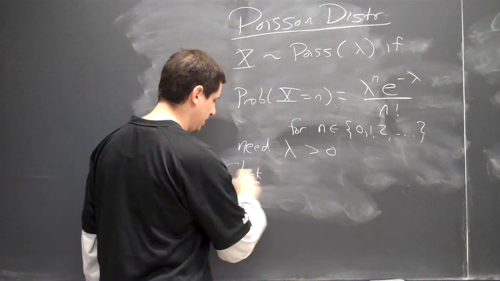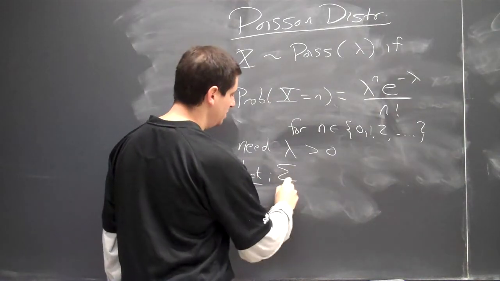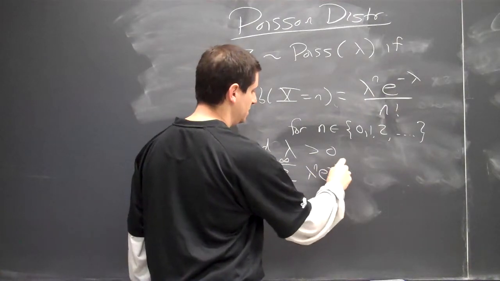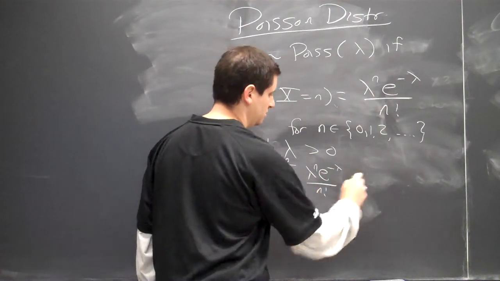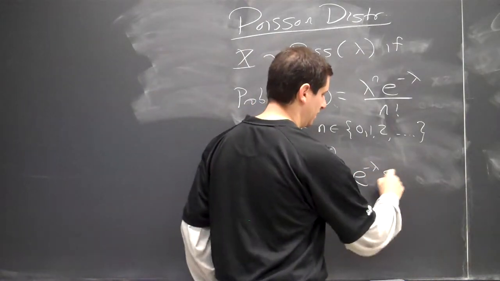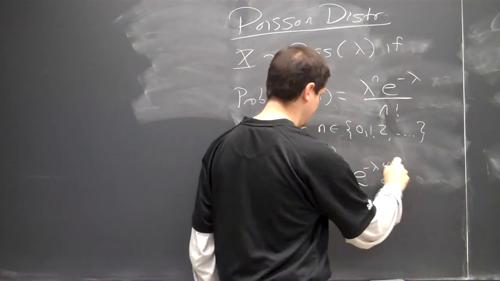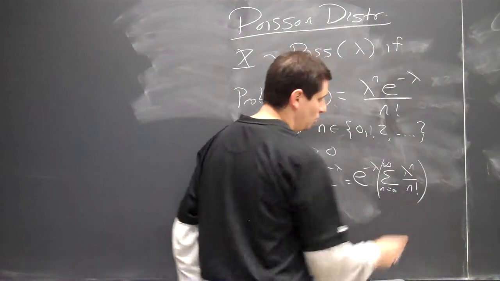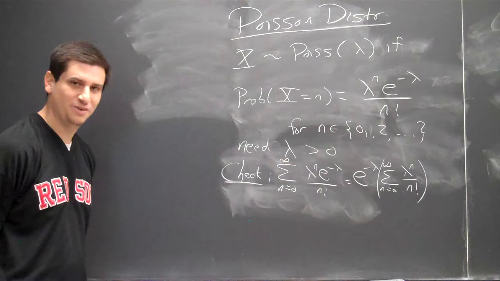And depending on how much you like algebra, this is actually fun. The sum, n goes from 0 to infinity, of lambda to the n, e to the minus lambda over n factorial. I pull out the e to the minus lambda. I have a sum, n goes from 0 to infinity, of lambda to the n over n factorial. What is the sum of lambda to the n over n factorial?